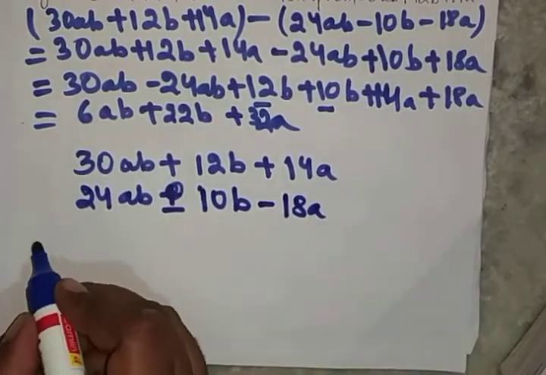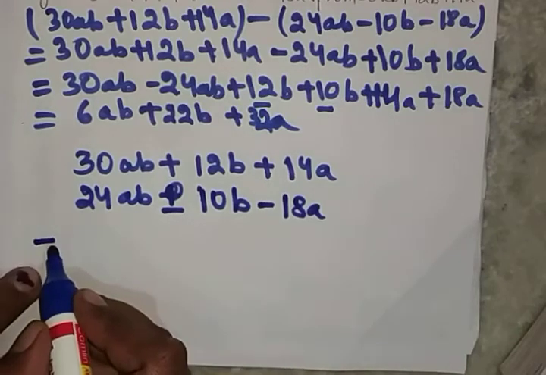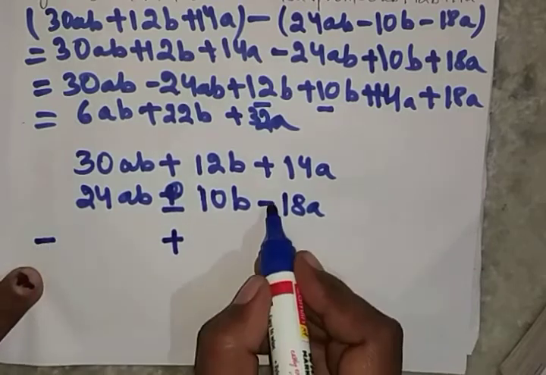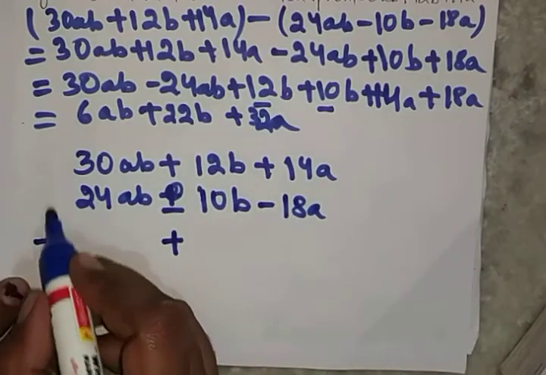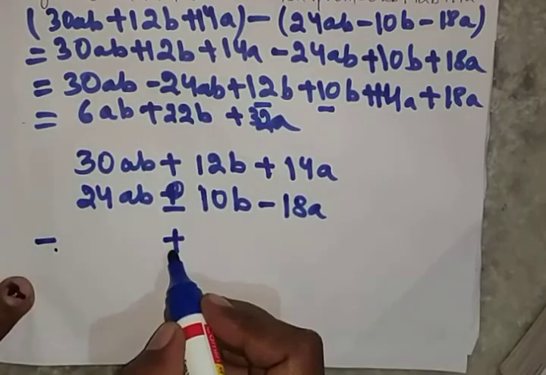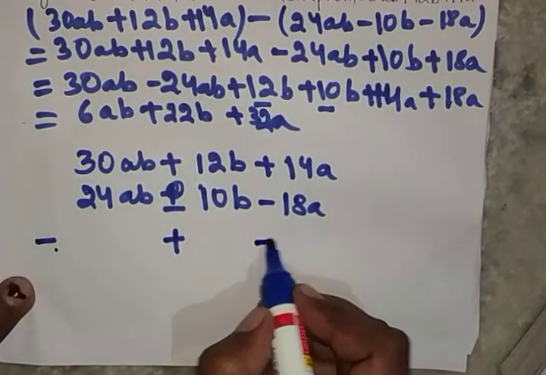So what will we do? We'll put minus. After writing minus, the signs will change: minus into minus is plus, minus into plus is minus, and minus into minus is plus.